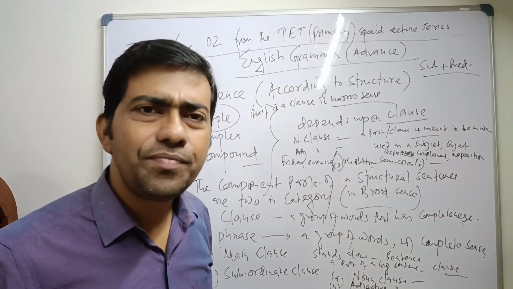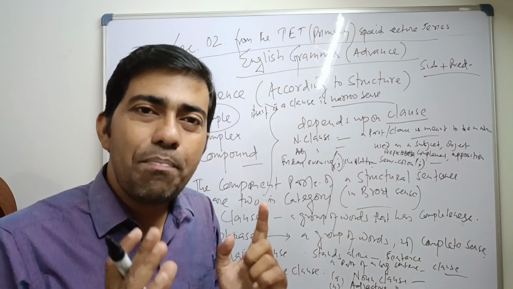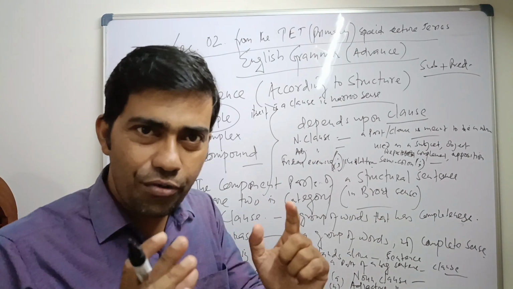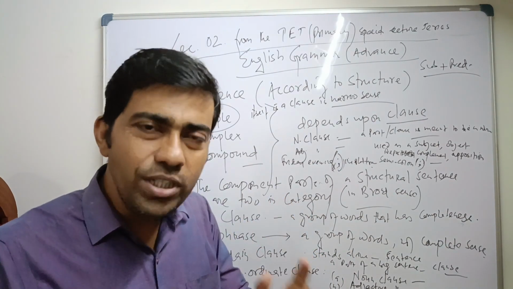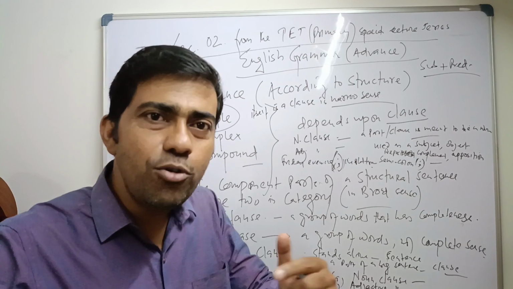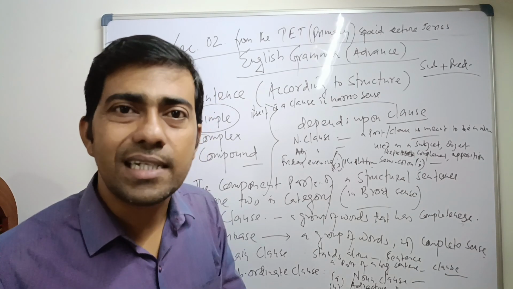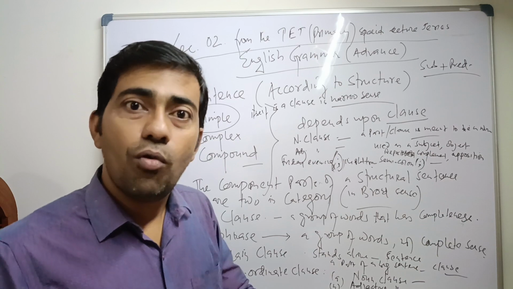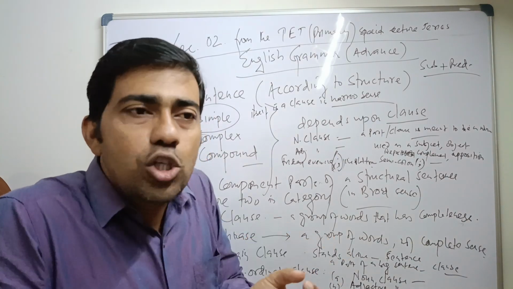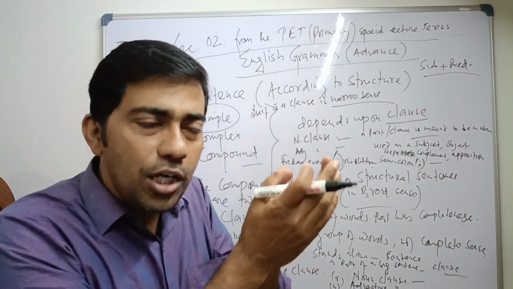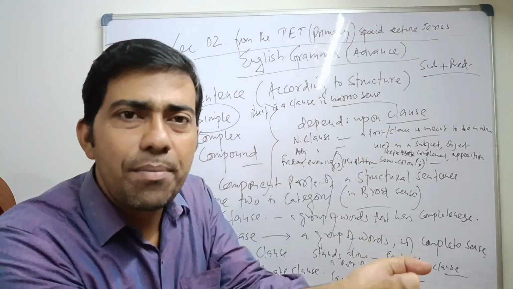Adjective clause. What is an adjective clause? A part of a sentence which is meant to be an adjective, meaning the same as an actual adjectival word.